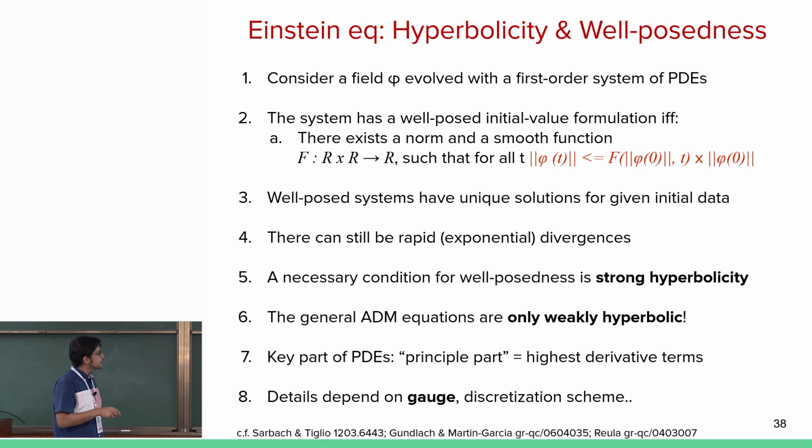What we want is for them to be strongly hyperbolic, and that would mean that they have a unique solution as you evolve them forward in time, and any small changes to initial data only lead to small changes in the evolved variables after a finite amount of time. That is absolutely a requirement if we want stable numerical evolutions of these systems, because small deviations of initial data will happen because of numerical errors, if nothing else.